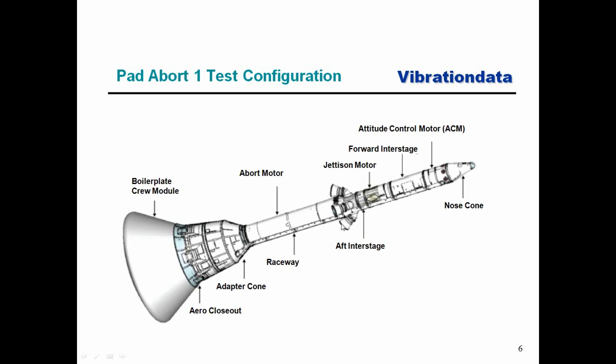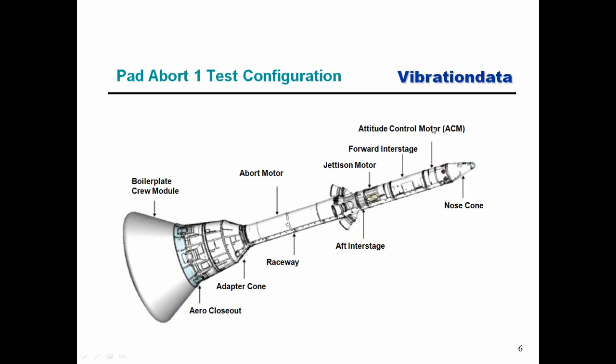Another interesting thing that happens is there's different types of plume impingement effects that occur on the raceway, adapter cone, and the spacecraft itself, and that's a whole other analysis to look at the high-intensity acoustics from that. There's actually 3 sets of solid motors on this vehicle. The main motor here is for the abort thrust.